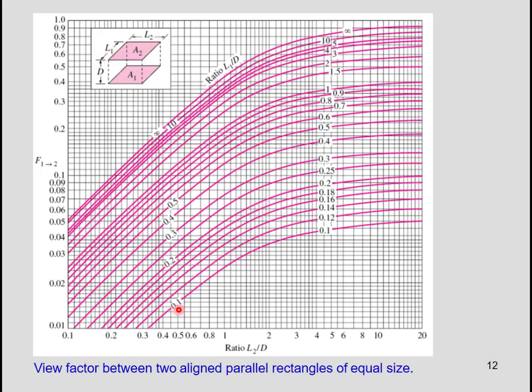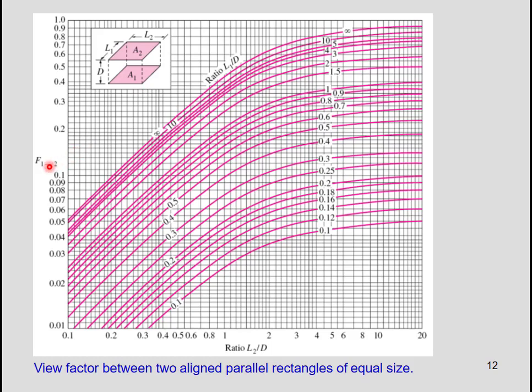You can see here the relationship between the ratio of L2 divided by D and the view factor from surface 1 to surface 2. As you can see here, by increasing in this direction, in other words, increasing the ratio of L2 to D, the view factor from surface 1 to 2 is increased. It can be simply understood also from the figure.